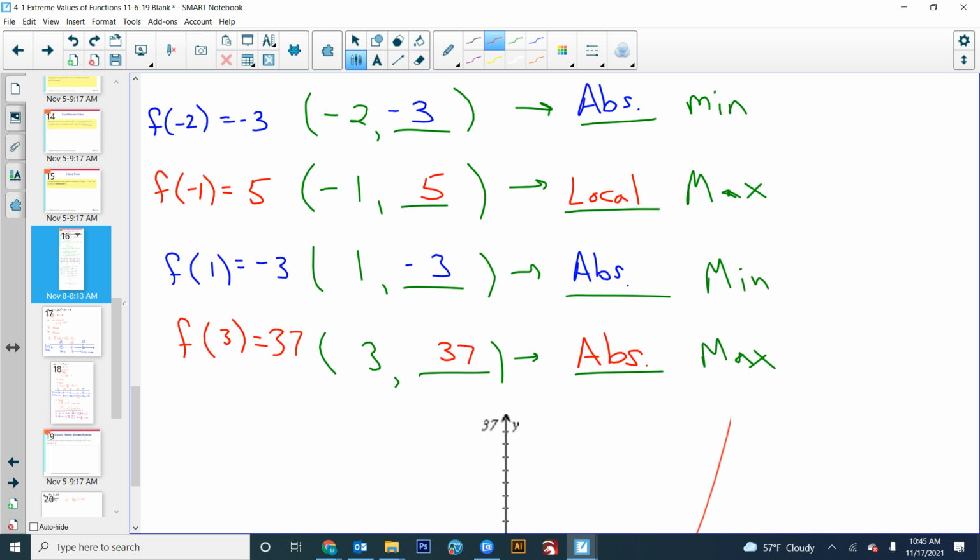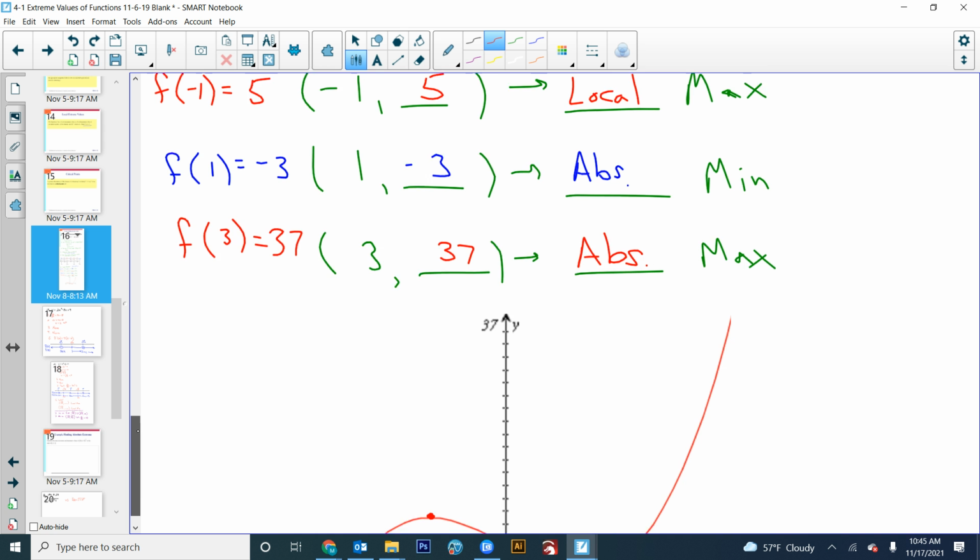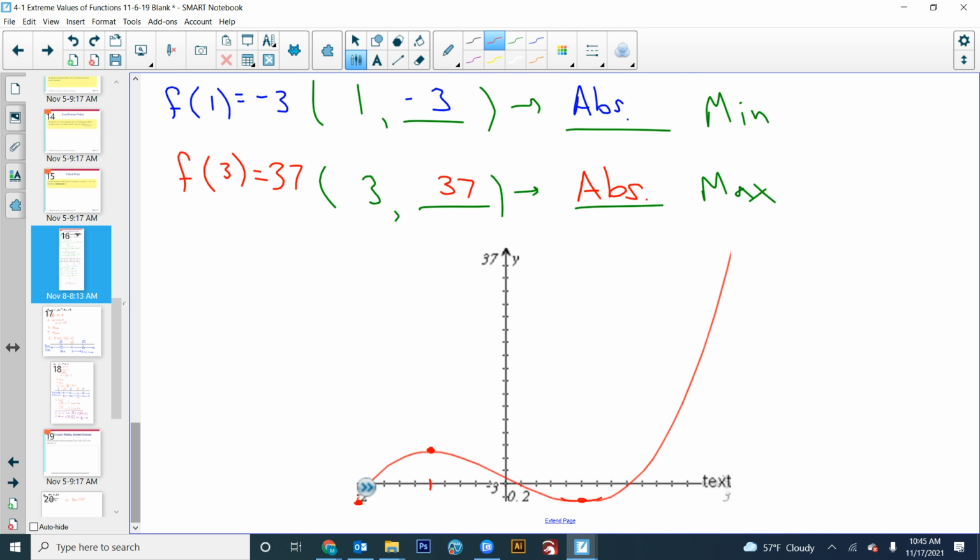Then just for fun, let's graph it on the closed domain. And that's what it looks like. The points are 1, -3, -2, -3, -1, 5, and 3, 37.